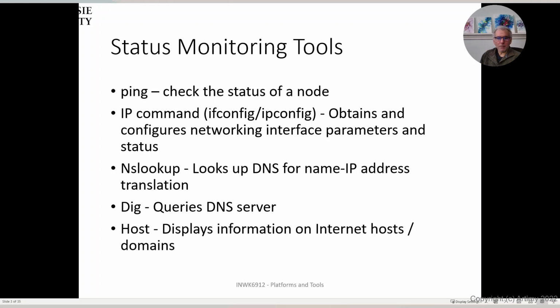Another common tool is the ifconfig or ipconfig, ifconfig in Linux and ipconfig in Windows. And these tools give you the status of the interface, right? So if it's up or down, the MAC address, the IP address, IP version 4, IP version 6, and so on.